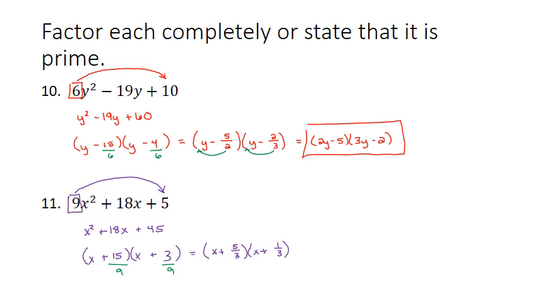Since both of these have fractions again, whatever number's on the bottom after you simplify just comes back up to the front, and this can be written as 3x plus 5 times 3x plus 1. This is your final answer.